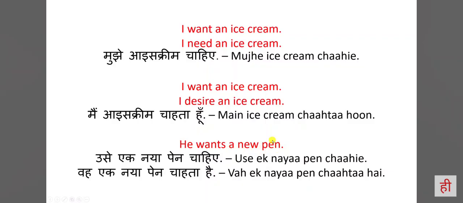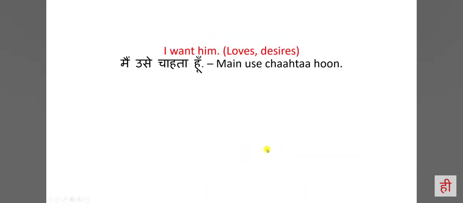Alright? Now, if you look at this sentence, we have he as the subject, a new pen as the object. Correct? Pen here is an inanimate object. What if we have an animate object? Meaning, what if you have humans in the place of an object? Like this. I want him. If I want him is translated like this, मैं उसे चाहता हूँ.